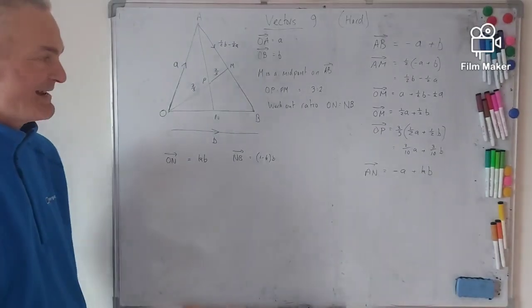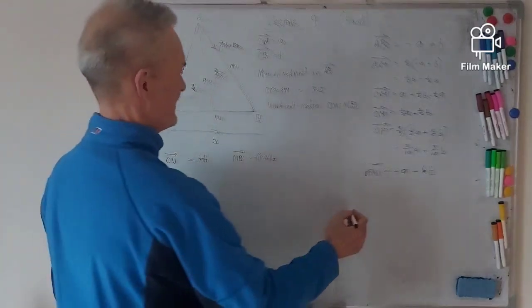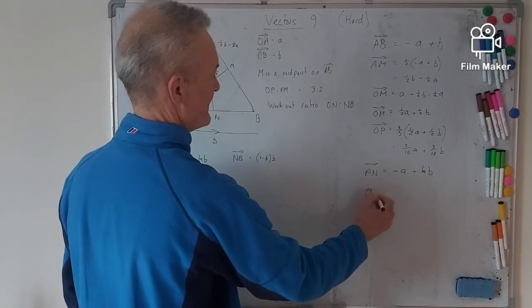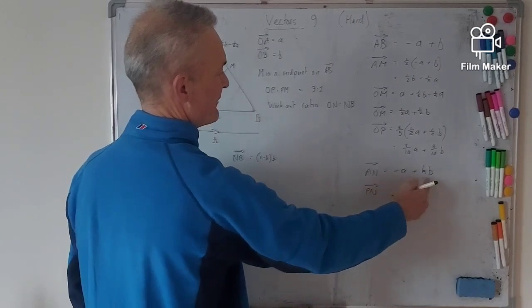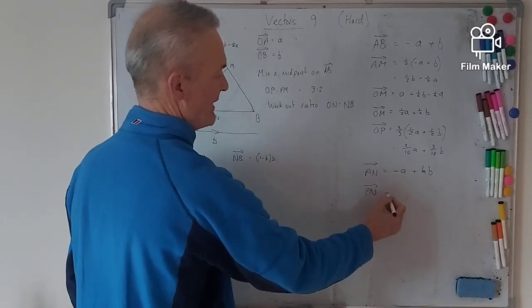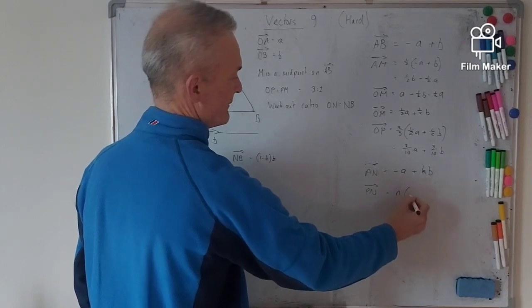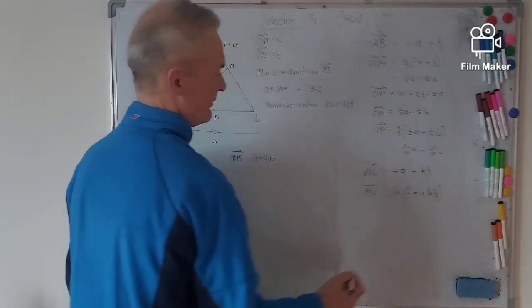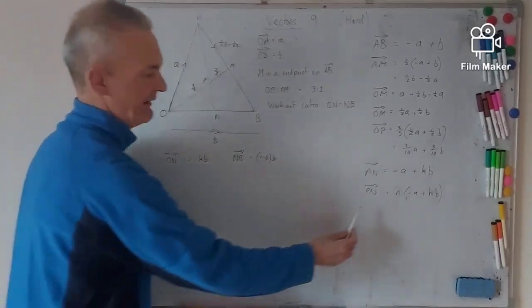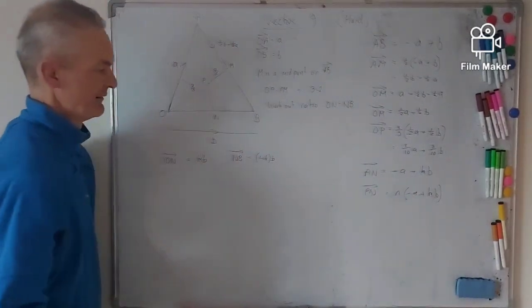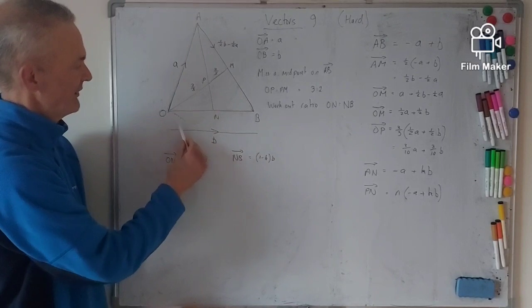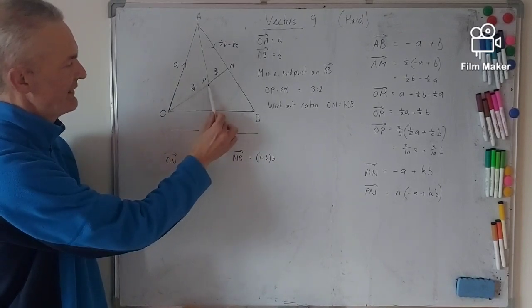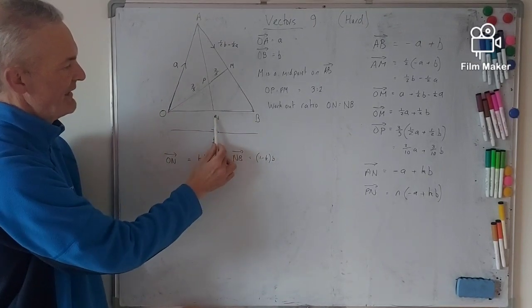So I'm going to use N. Okay, so PN is going to be some fraction of that, and I'm going to call it N. Okay, so PN is this. So that's that bit there. So we've got OP and we've got PN.